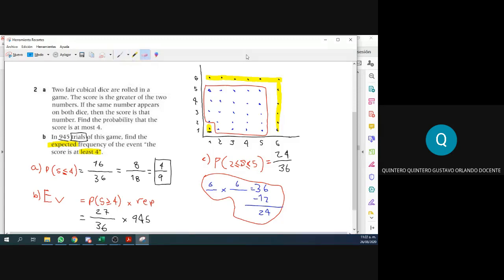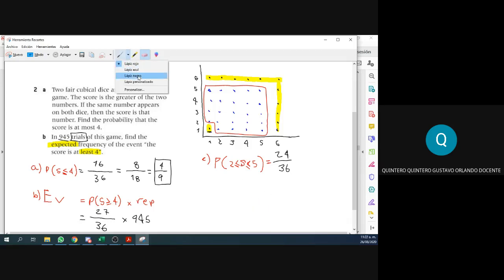Can we do a conditional probability here? Yes, we can. An absolutely simple one. Let me erase all of these.